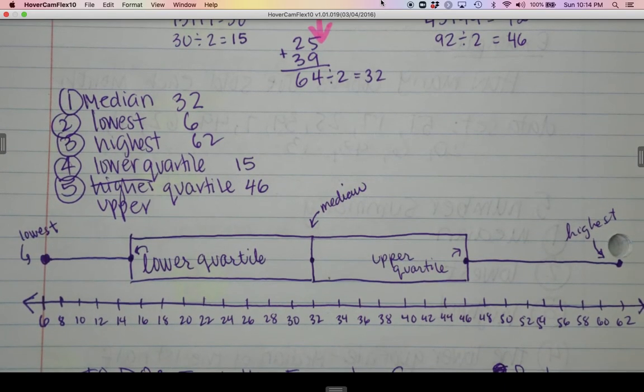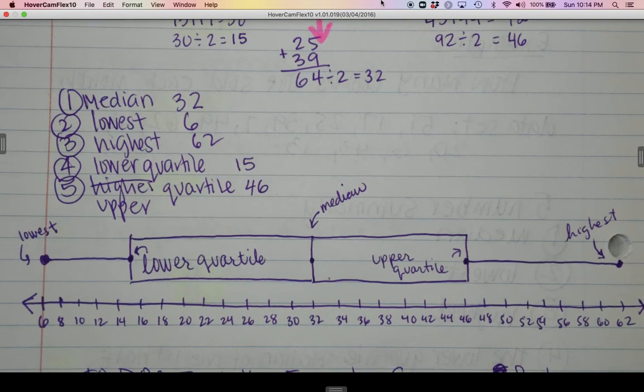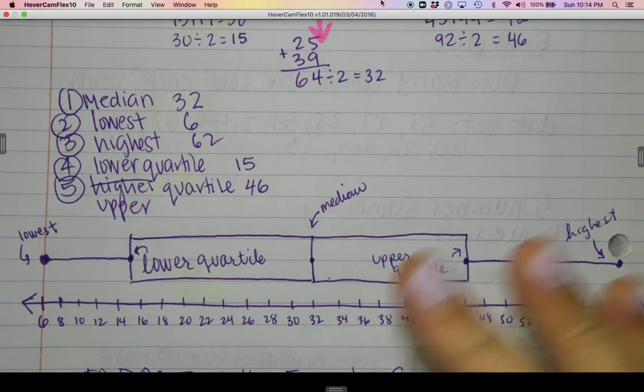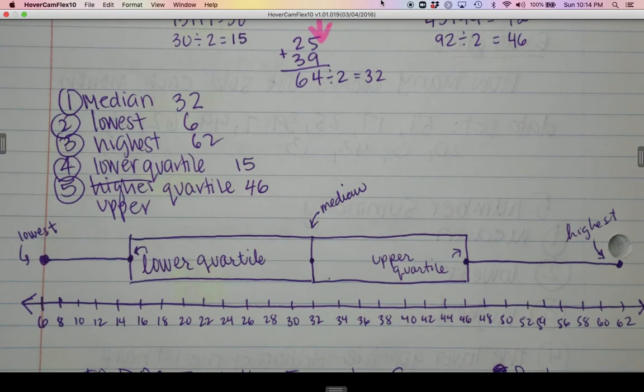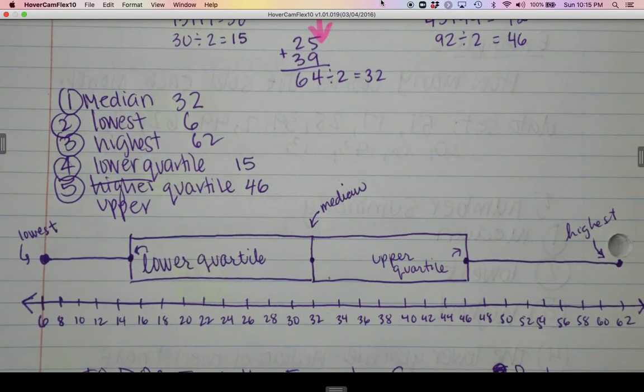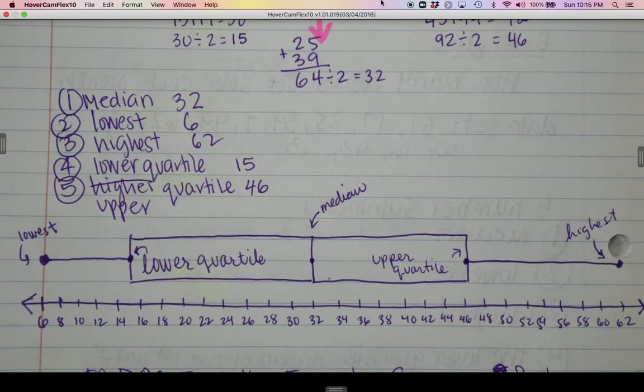And I never ever cared about looking at data until I went to college and I had to take a statistics class, and all of this stuff I had to relearn. And then in my job now, all we do is look at data. All I do is look at your test scores. All I do is look at how well you did on test A, B, C, and D. Is there a reason why you're either doing better?